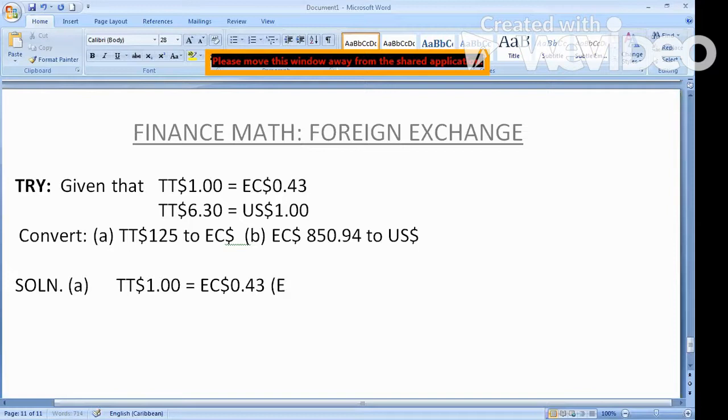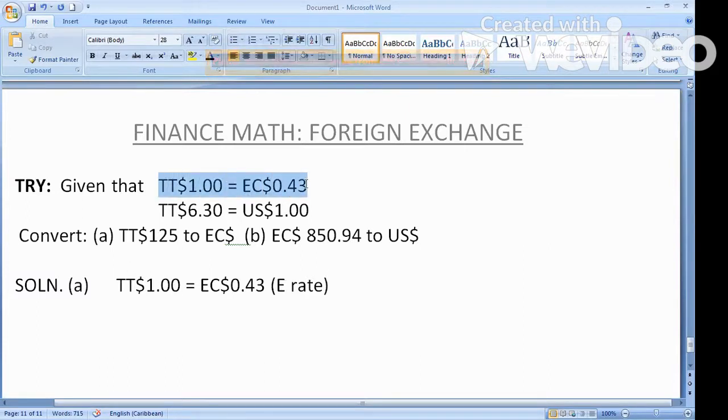Let's call it ER for short. I don't want to mix it up with emergency room or entertainment report. By the way, we choose this one because this question says to convert TT to EC.